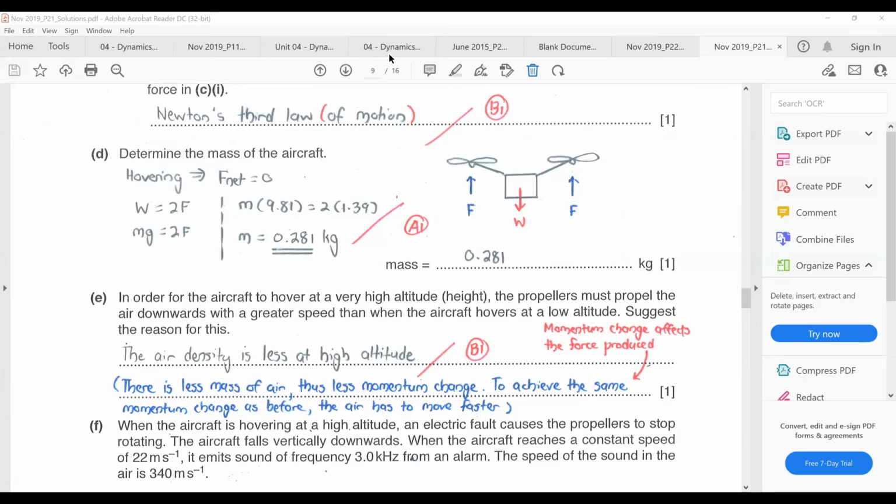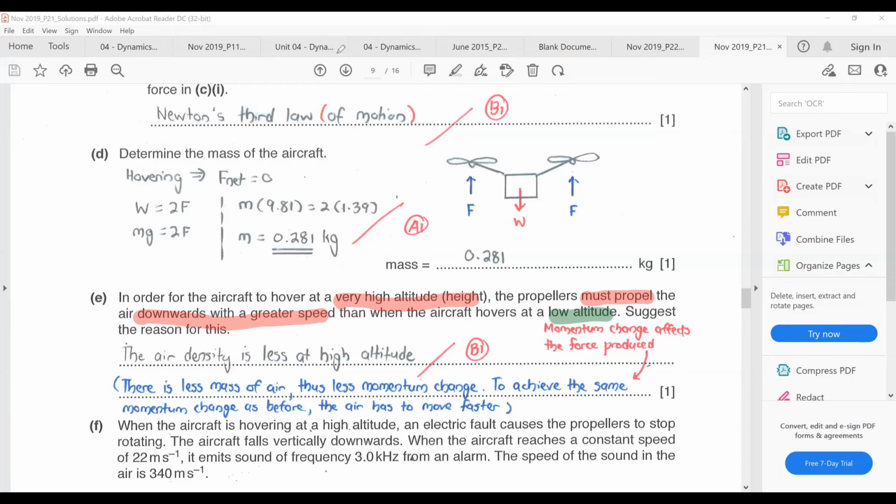So what they are telling you now is that if you want to go to a very large height, the propeller needs to move the air downwards with an even greater speed than when it was at a lower altitude. Suggest a reason for this.